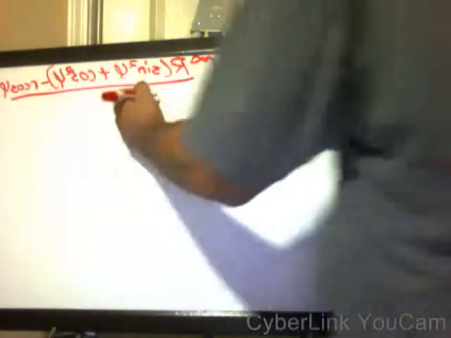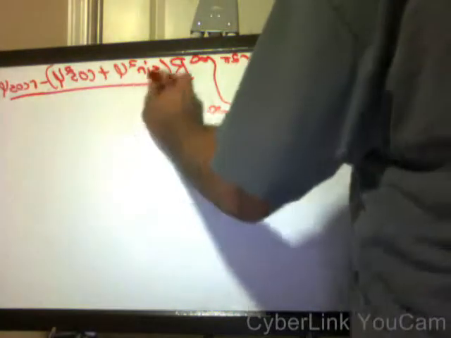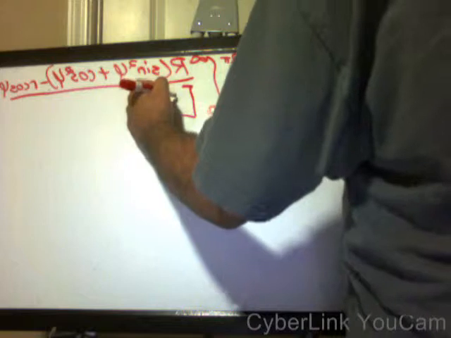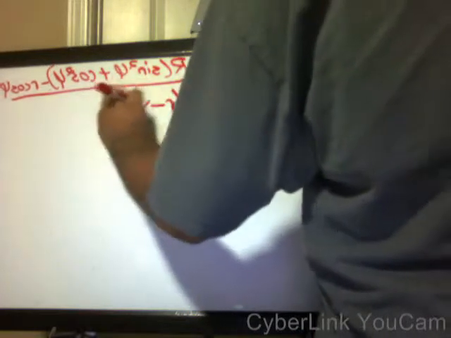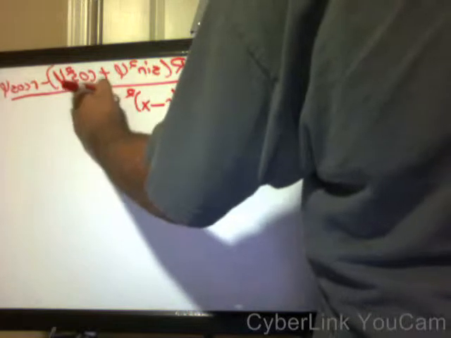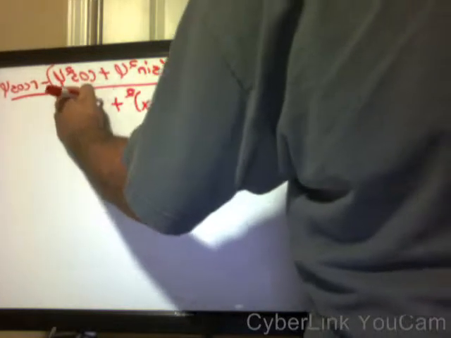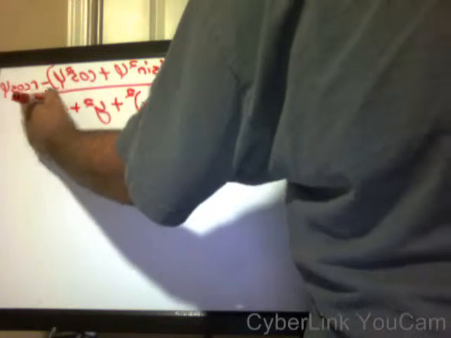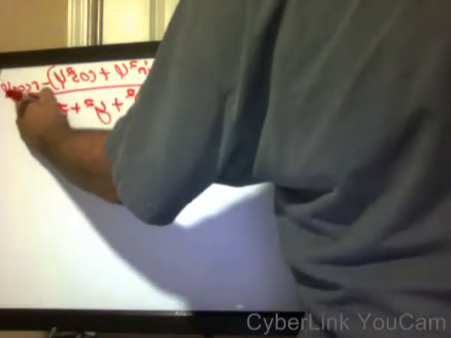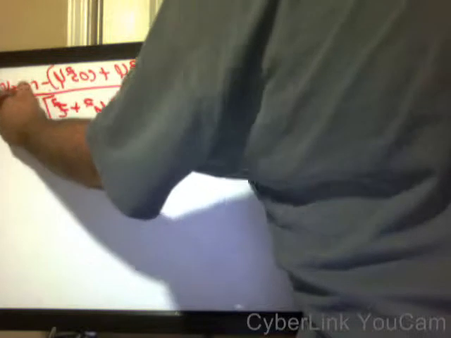All this is over r minus x squared plus y squared plus z squared, all to the 3 halves.